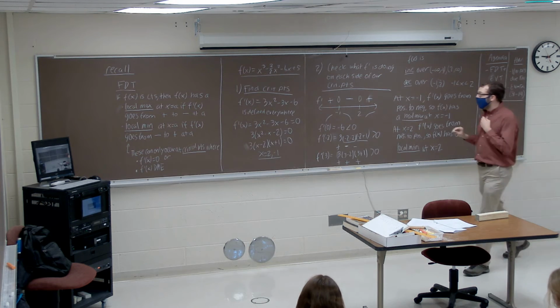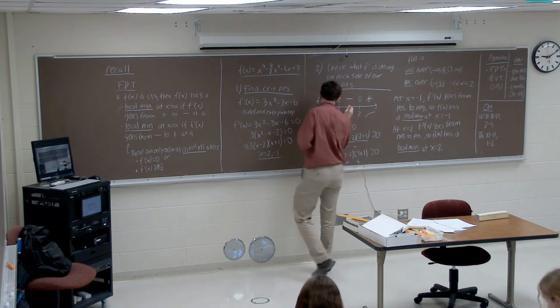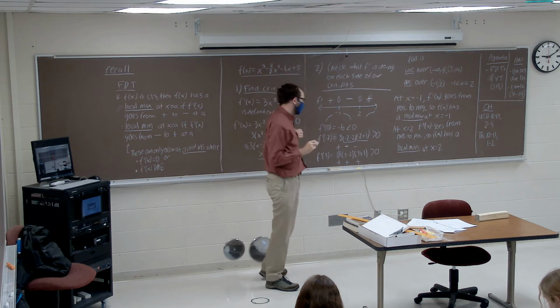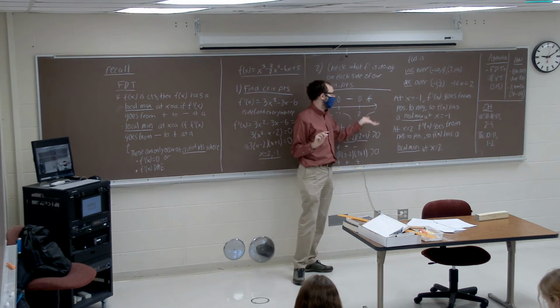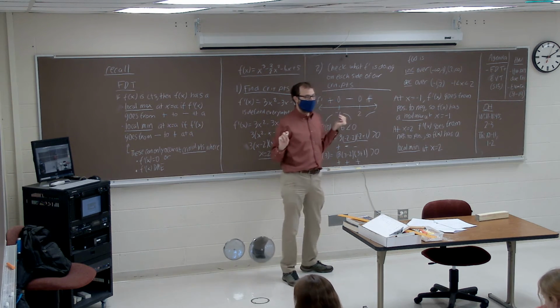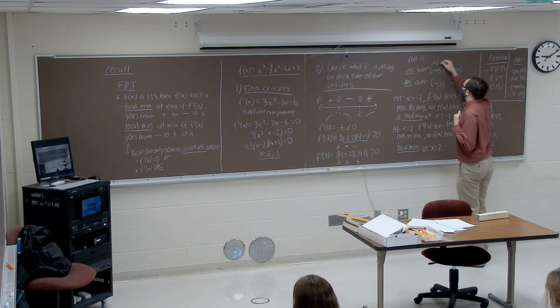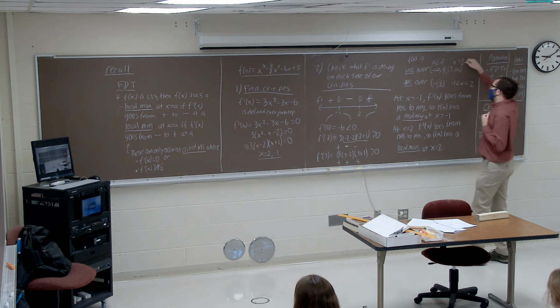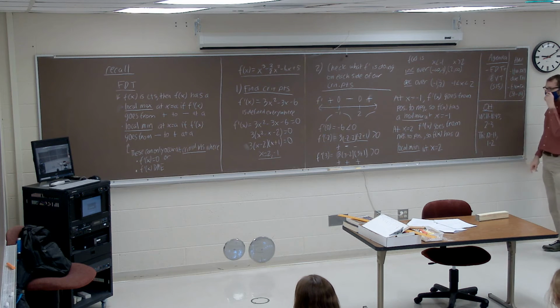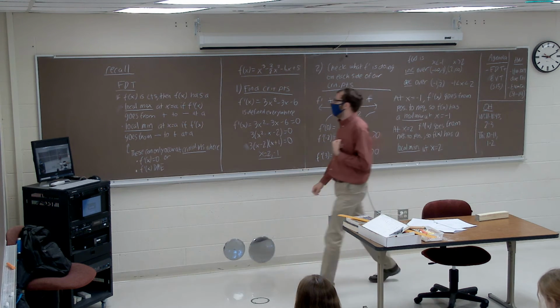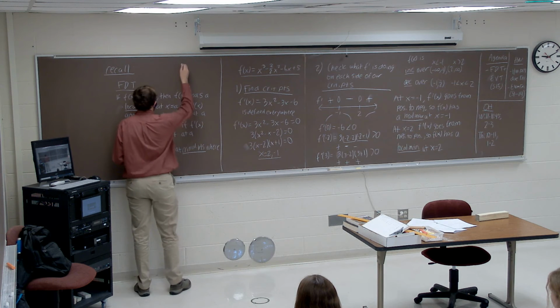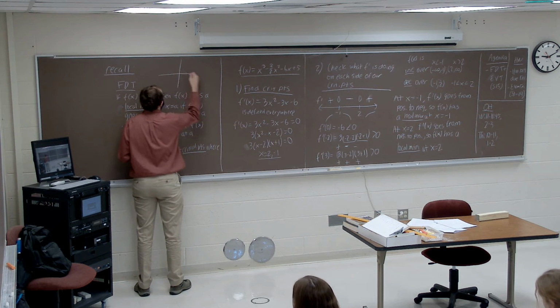But the fact that f prime is positive everywhere to the left of negative 1 and positive everywhere to the right of 2 is going to tell us that over the intervals where x is less than negative 1 or when x is greater than 2, f of x is going to be increasing over those intervals. So if we wanted to, we could even draw a little graph of what f of x is probably going to look like now.